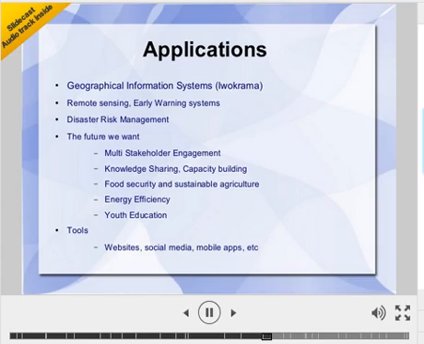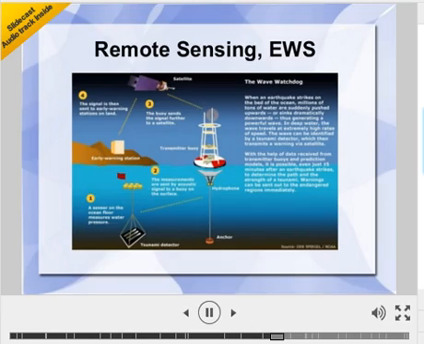Okay, so this is a diagram of how remote sensing early warning systems work. It's out in Germany. Essentially, this is a tsunami detection system, and the simulation suggests that within 15 minutes of an earthquake happening on the ocean bed, you can generate a warning on land that a tsunami is about to happen.